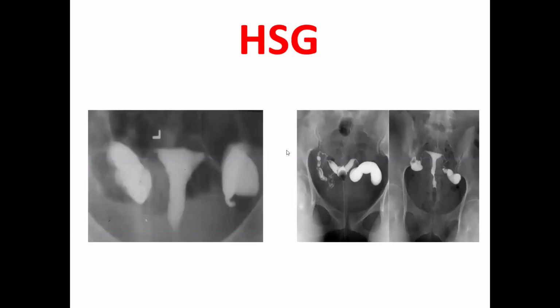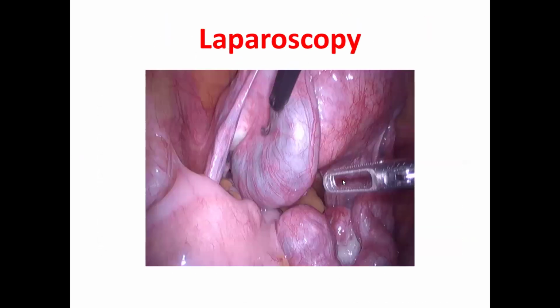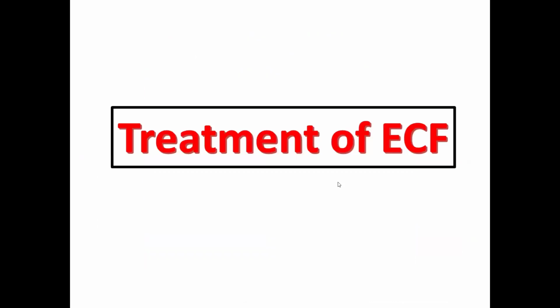And if you fail to see the hydrosalpinx by ultrasound, and the patient gives positive history suggestive of hydrosalpinx, you have to order HSG to see them, or the 3D ultrasound, or Doppler ultrasound, or if she has an MRI or laparoscopy as well.